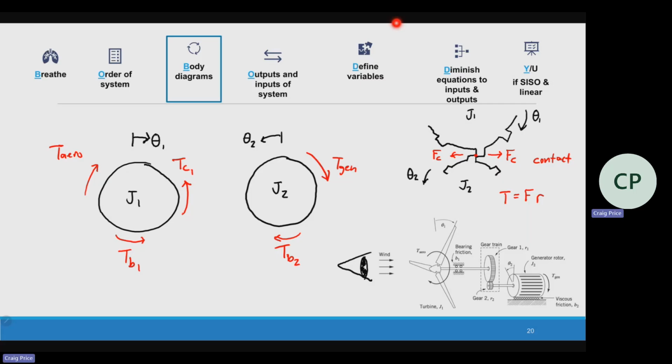Now we go to J2. So if I'm looking at my diagram on the right, I have this contact force pointing to the left. That's going to turn J2, and so we're going to have TC2 point this way. A gear is not the same as a spring. I know that with the spring, it's going to be equal and opposite. We did that torsional spring last time in class.